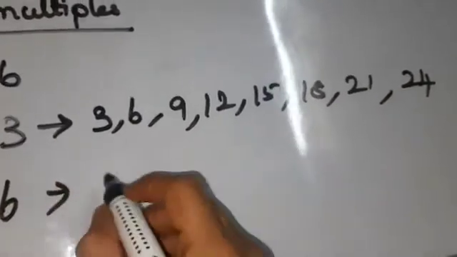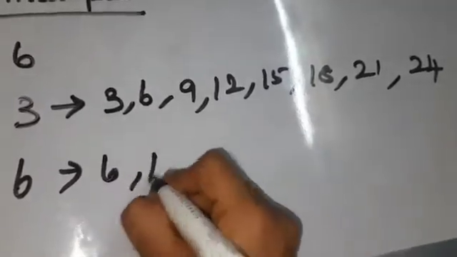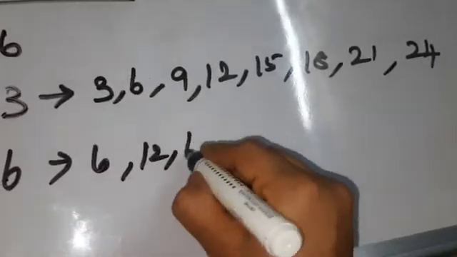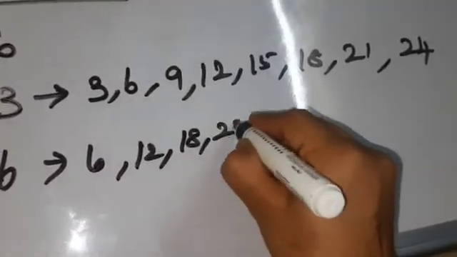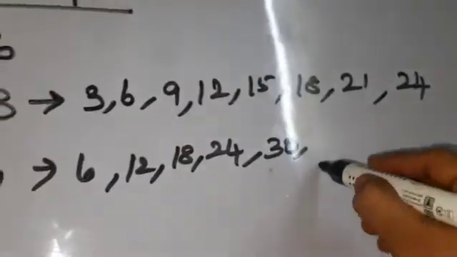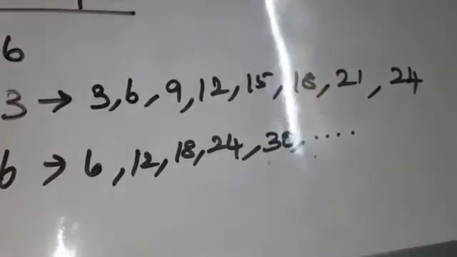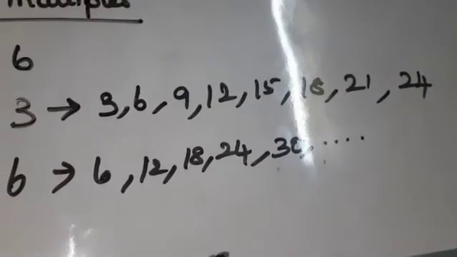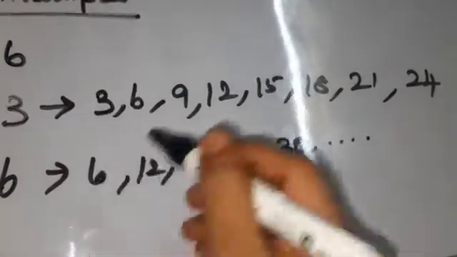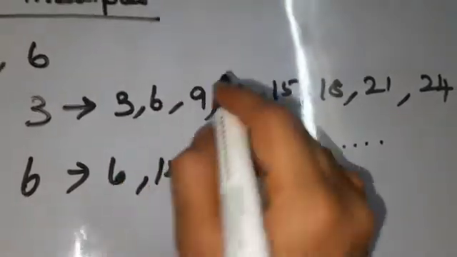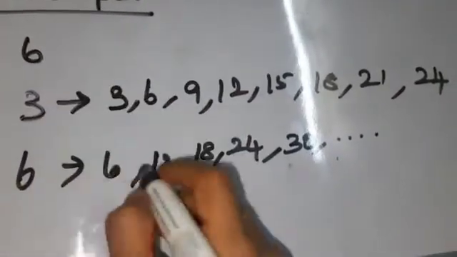For 6, 12, 18, 24, 30, and so on. Now I have written the multiples of 3 and 6. What I am going to do is circle the common multiples among these two numbers.